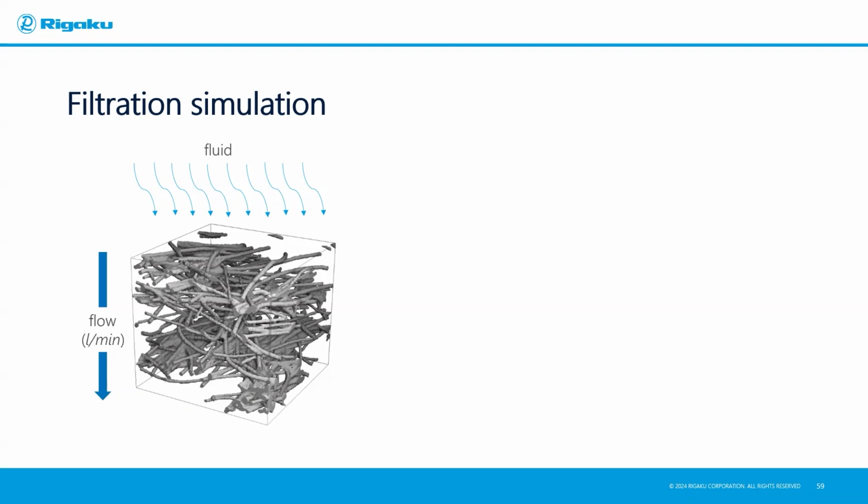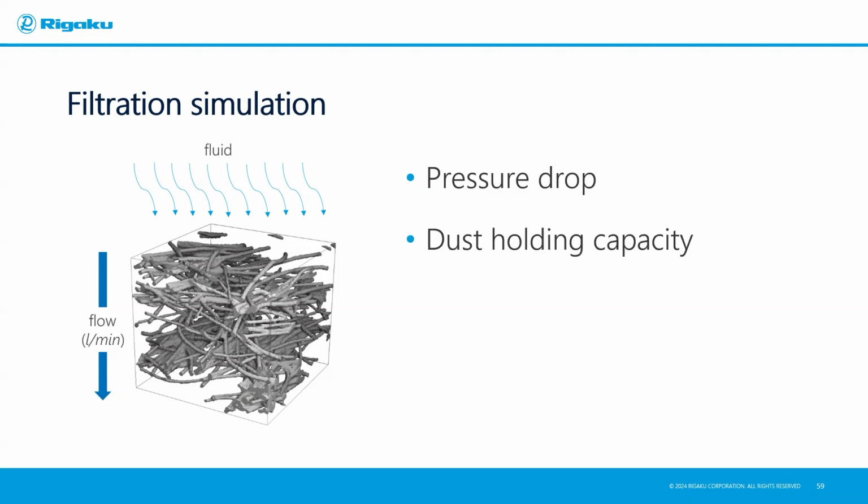And the important properties we talked about for filters are, first, the pressure drop. So this describes the pressure increase with the loading of the filter. And it's basically the pressure differential between the top and the bottom of the filter. Another important property that we learned about was the dust holding capacity.